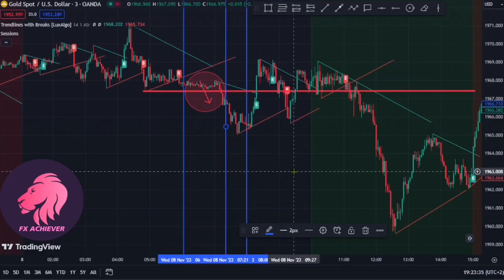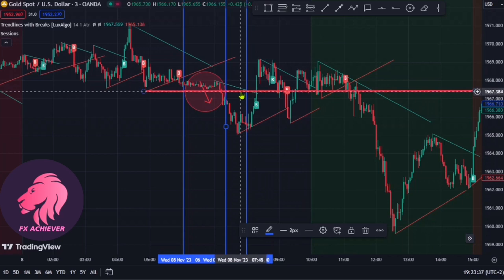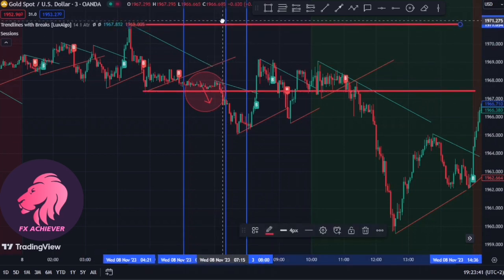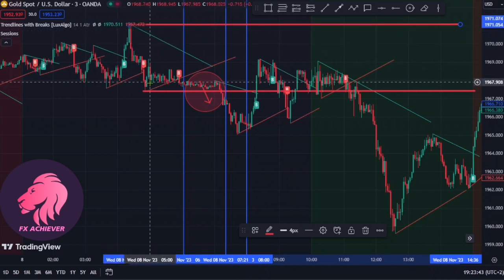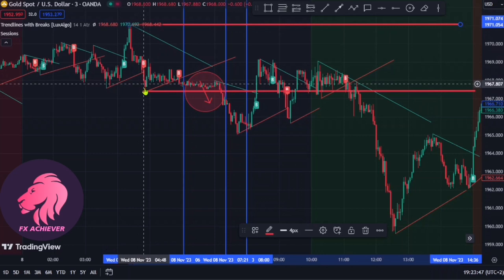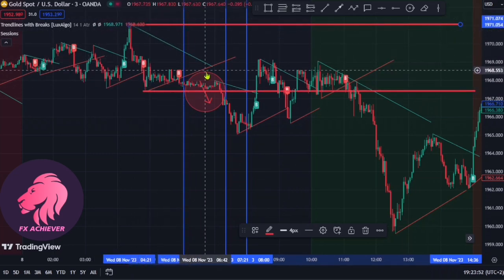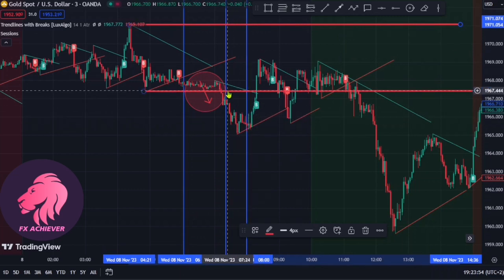We're looking for selling opportunities until this one gets broken. If this one doesn't get broken, because that's where price comes from, we continue to look for selling opportunities.